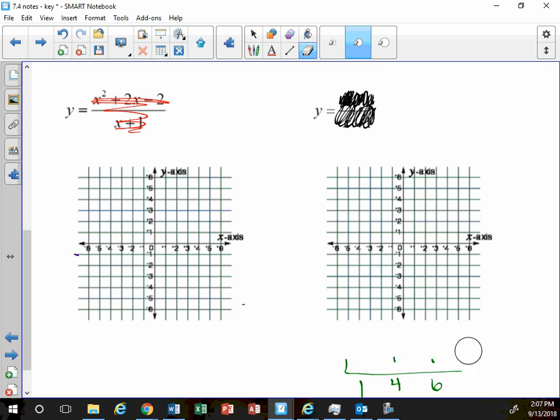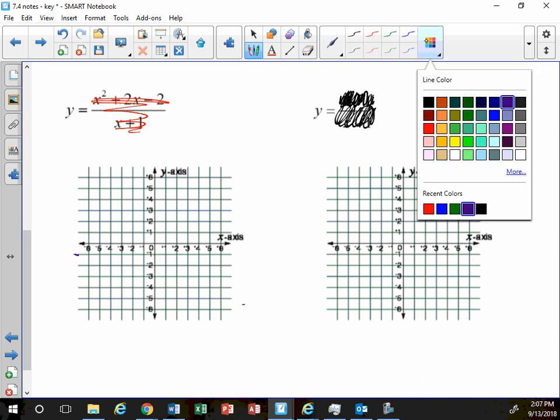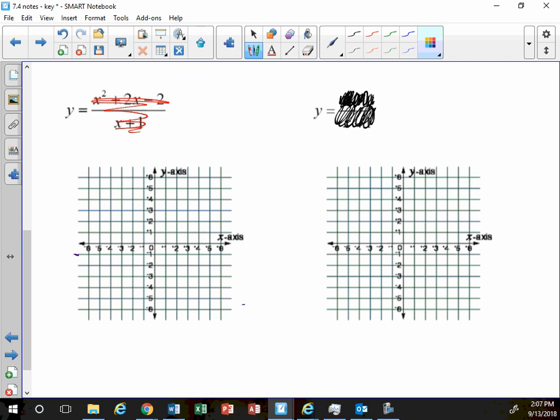All right, let's do, let's make it y equals one over x squared minus 9.